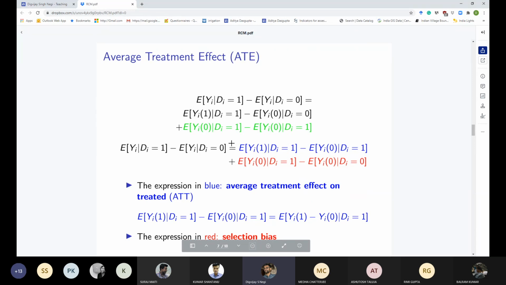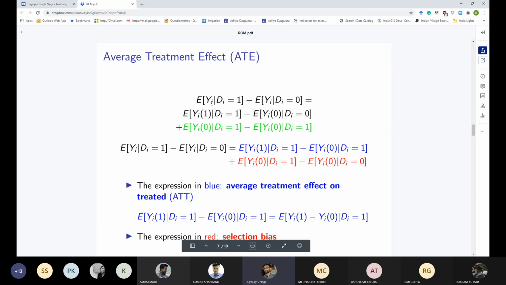So given that we have this structure, what is the average treatment effect? The average treatment effect is the expectation of the observed outcome Yi conditional on the treated group, so conditional on Di equal to 1.